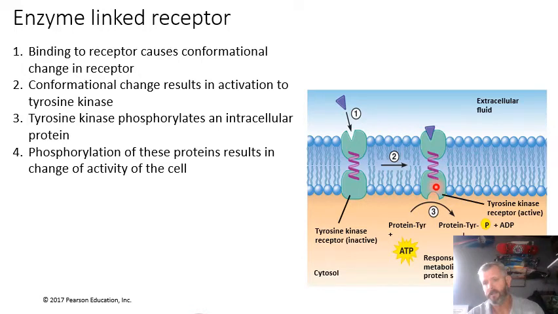Insulin binds, and then we get an activity where glucose channels are brought to the membrane. In our lab today we deal with VEGF. The VEGF receptor is a tyrosine kinase receptor. So binding of that VEGF will cause activation of the enzyme, and we'll get phosphorylation of proteins that will cause activities in the cell.